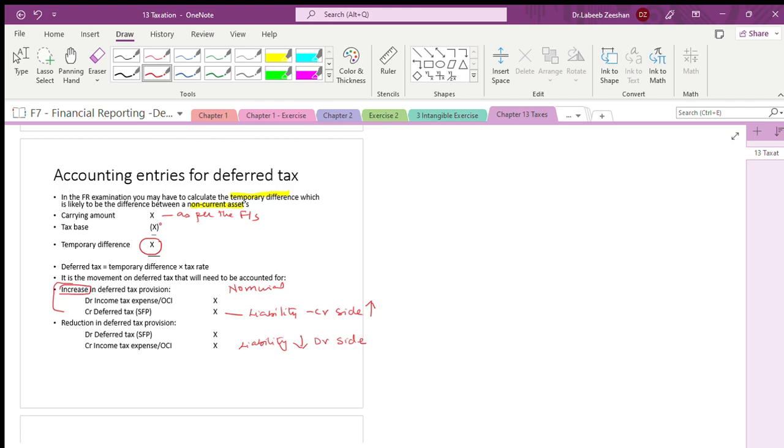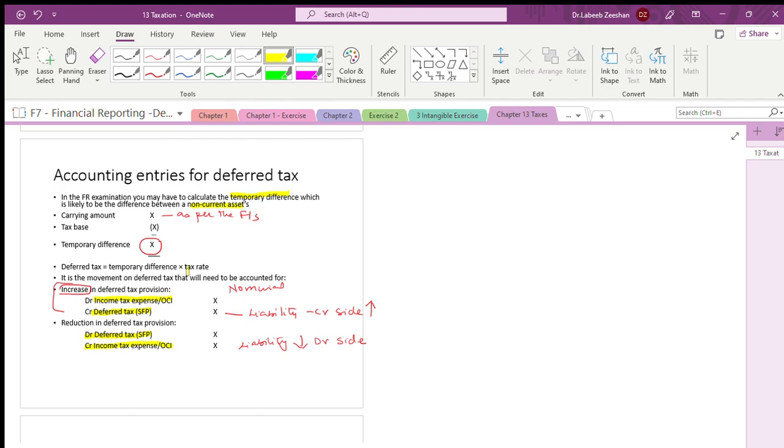So sometimes what will happen? You have to pay additionally. Sometimes you have paid excess, then you have to make the reversal of the entries. That's the most specific one, keep it in mind.